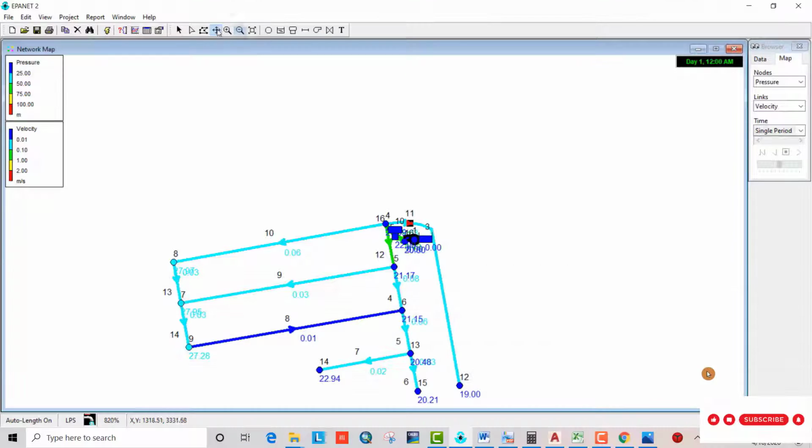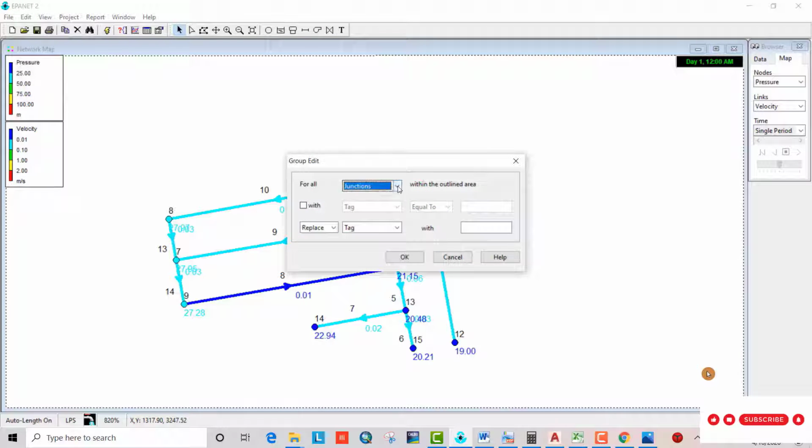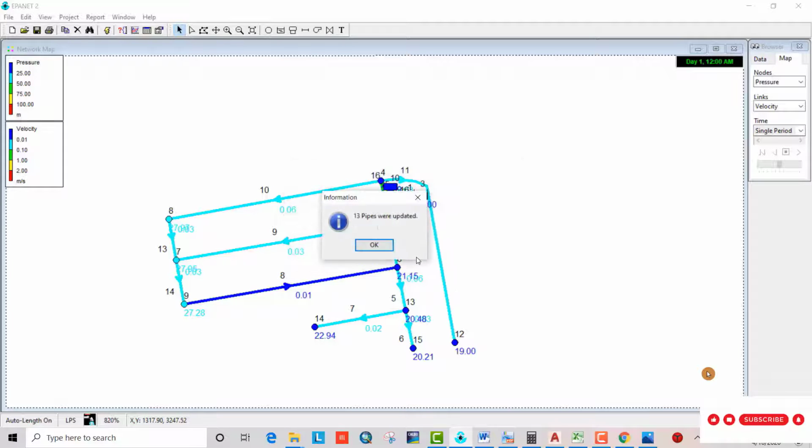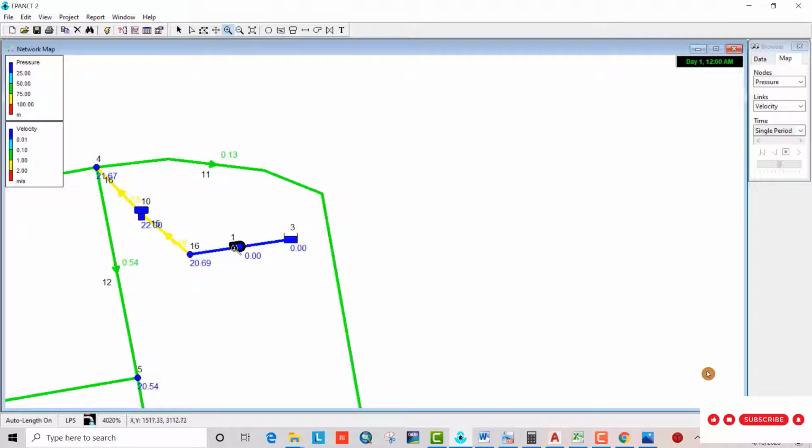You can select all, change the diameter, change one pipe. Let's change to 150 because the velocity at first trial is so small, so you can increase it by decreasing the diameter. Run again. Okay, you see the velocity change. This time also we don't have a problem with the pressure because pressure is good.